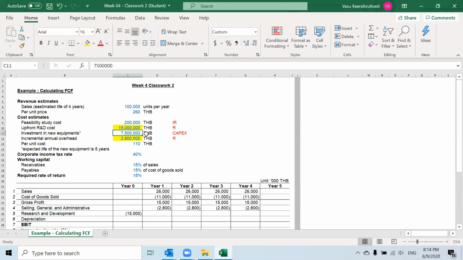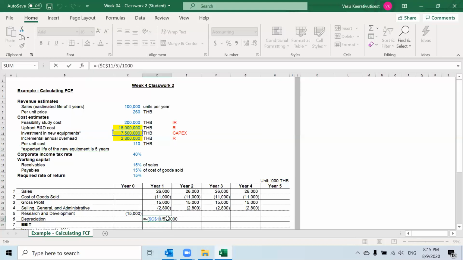Also, this is your capital expenditure, and the lifetime is 5 years.